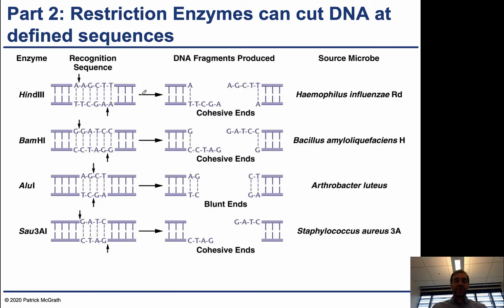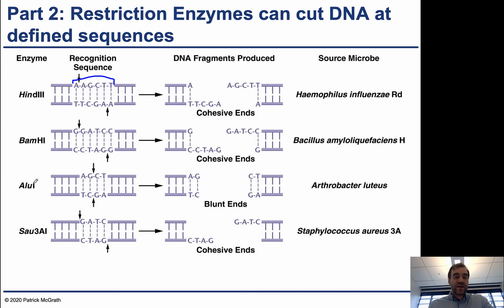And so here are a couple of examples of restriction enzymes. These are the names: HindIII, BamHI, AluI, Sau3AI, and these are the recognition sequences. Two of these recognize 6 base pair sequences, and you'll notice they're palindromic: AAGCTT for HindIII, and BamHI recognizes the sequence GGATCC.